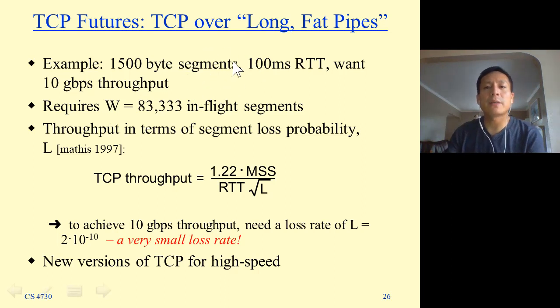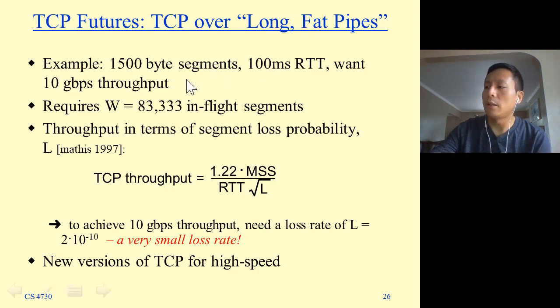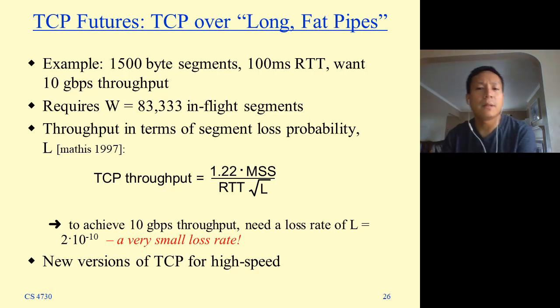And this is the case where you didn't consider the loss probability. If you do consider loss probability, then it's a little bit more complex. As a matter of fact, a researcher found an equation that the TCP throughput equals 1.22 multiplied by MSS over RTT times the square root of loss probability.